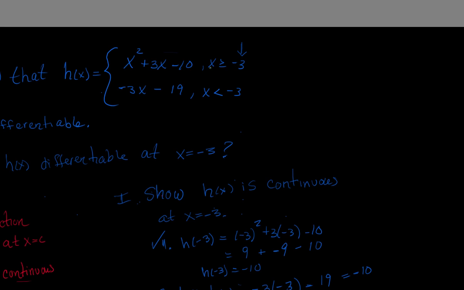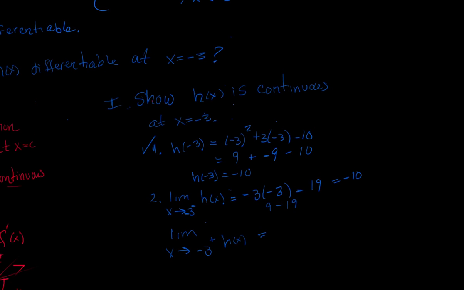Those are all values that are greater than negative 3, and so we need to use this first rule. So that will look like negative 3 squared plus 3 times negative 3 minus 10, which is going to be 9 plus negative 9 minus 10, which would be 9 plus negative 9 is 0, which is negative 10.